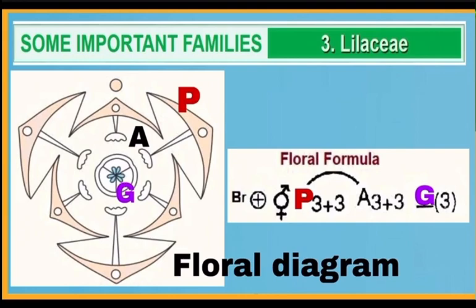Now make the floral diagram and read the floral formula along with me. It is bracteate, actinomorphic, bisexual, perianth with 3+3 arrangement, androecium with 3+3 arrangement and fused with perianth. In gynoecium, ovary is superior, tricarpellary and syncarpous, meaning fused carpels are there.